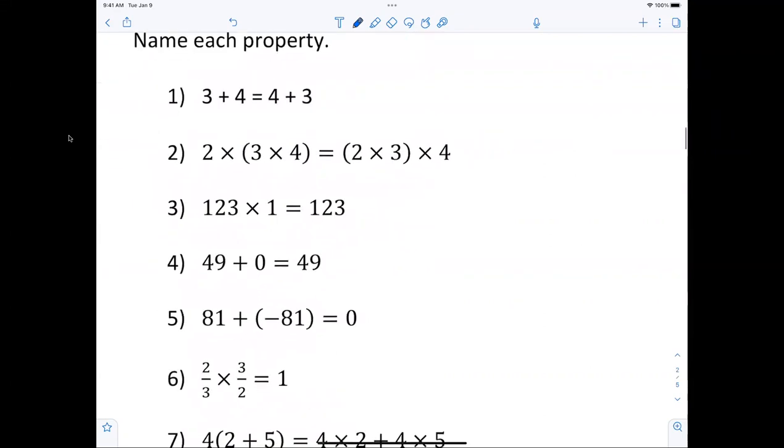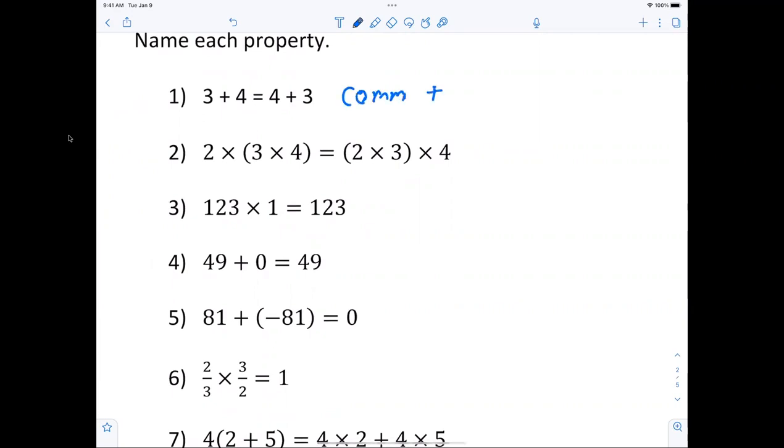Number 1. That's the example of commutative property. Now you can write this down. COMM, and then it's commutative property of addition if you want to abbreviate. What are we doing with number 2? Yes, associative property. Now make sure you abbreviate properly. Associative property of what? That's what you're writing down if you want to abbreviate.